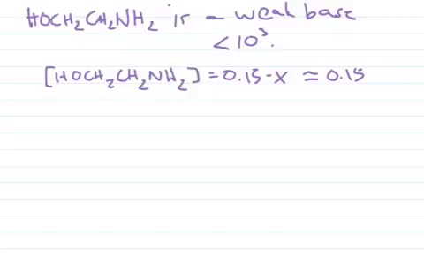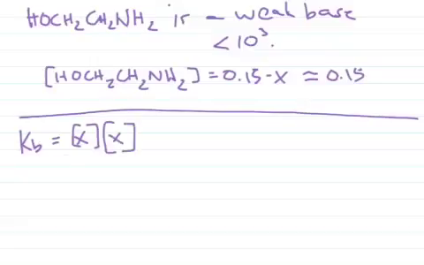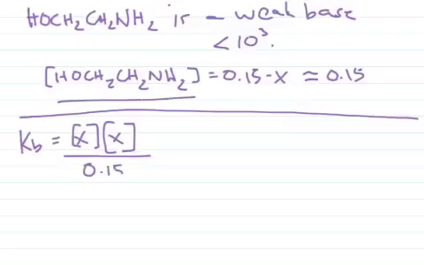Alright, so the next thing we're going to do is we're going to now substitute our values. So we know we have a Kb is equal to the hydroxide, our acid, which was also X, and because we stated our base is a weak base, it's 0.15.